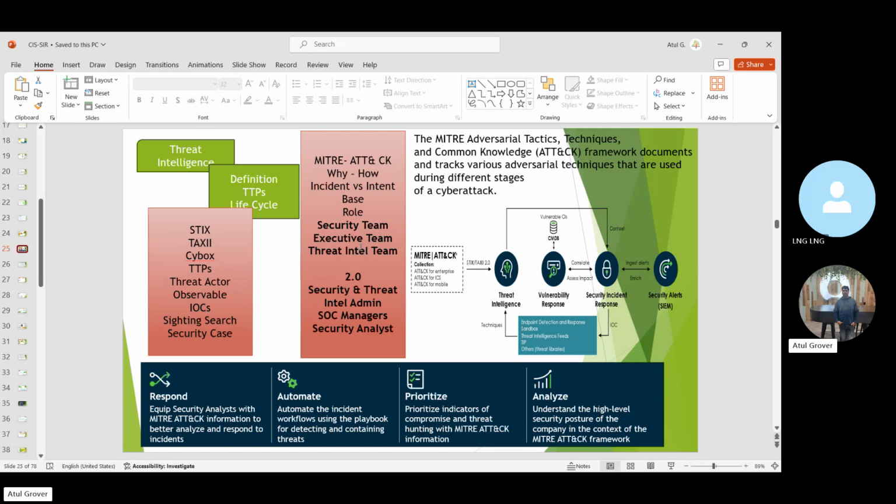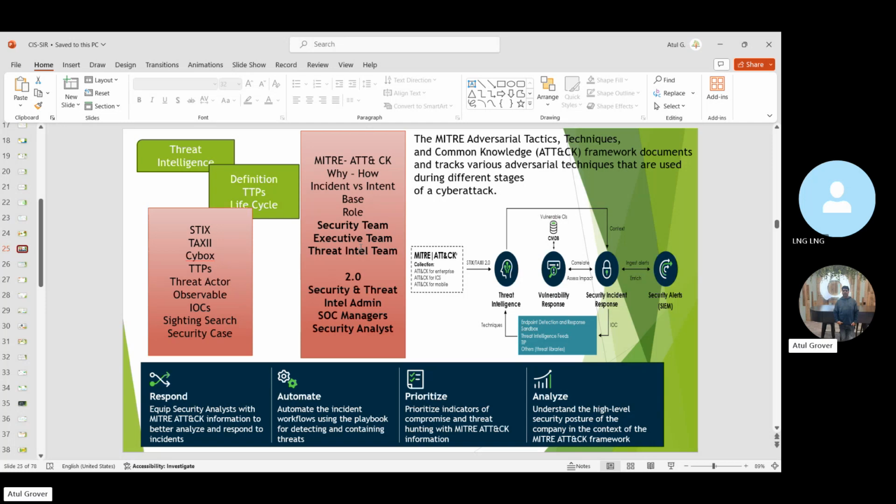And the last is the threat intel team. They are the ones who will find the actual uncovered threat, what threat is there, and who caused this problem in my network. From the examination perspective, these three points, security team, executive team, and threat intel team, are important for that discussion.